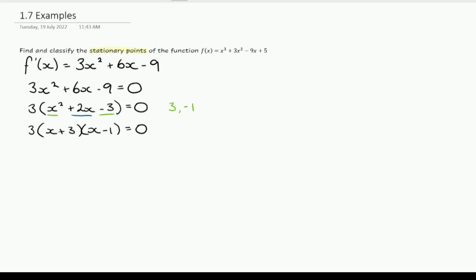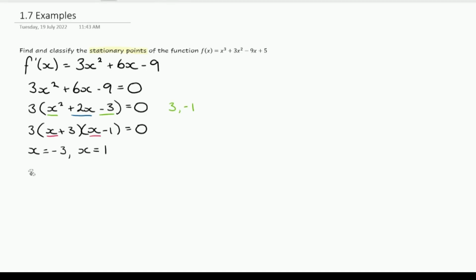Now for my x's inside my brackets to equal 0, I need to have my x equal to minus 3 and my x equal to 1. So these are my two critical values that I'm going to put into my sign diagram.